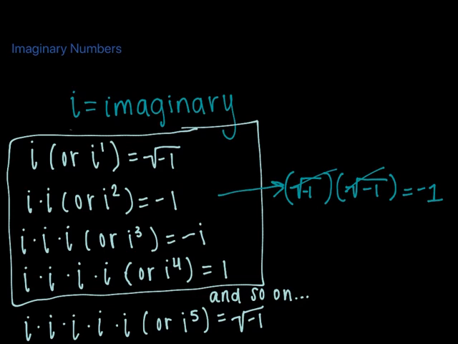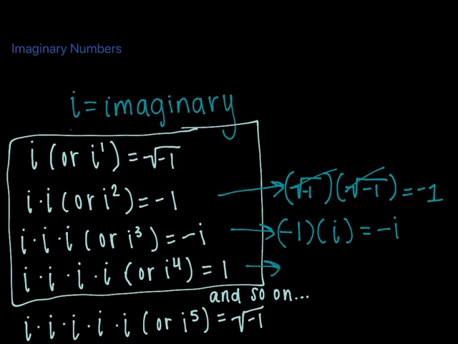Now I cubed would be I squared times I, so that would just be -1 times I, -I, because -1 times I is -I.